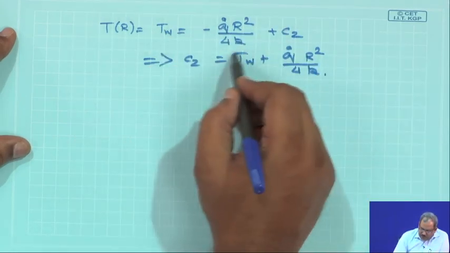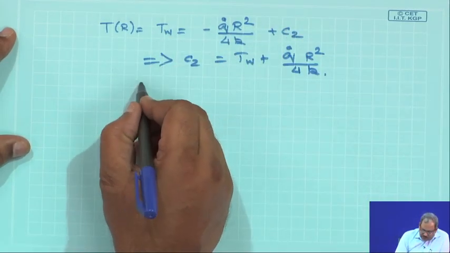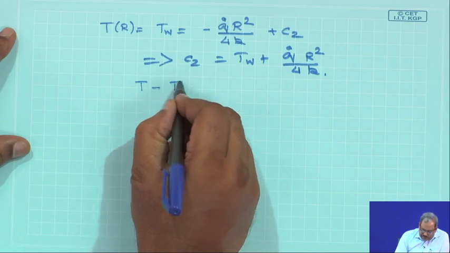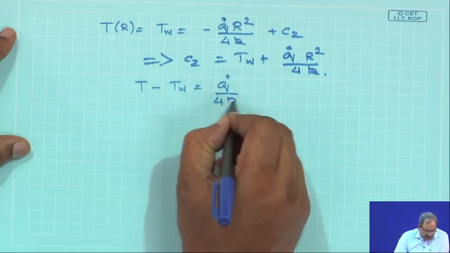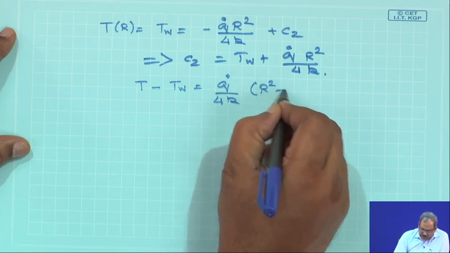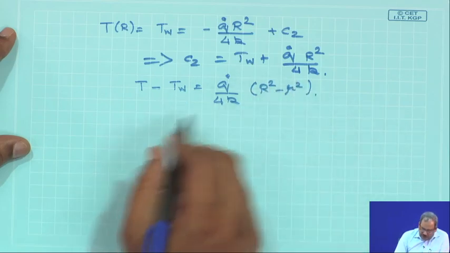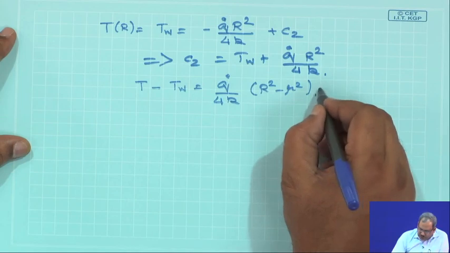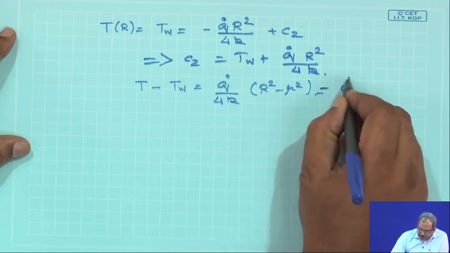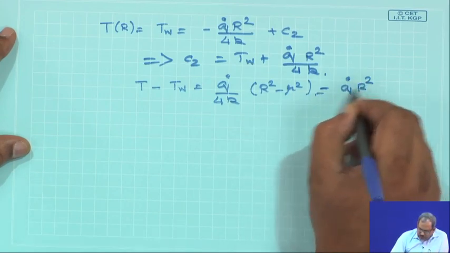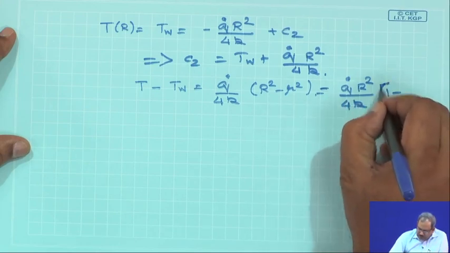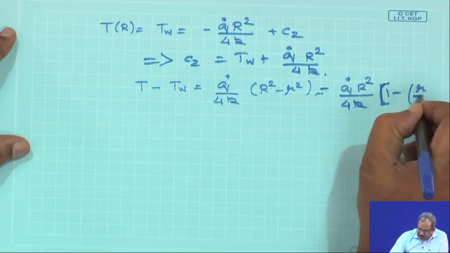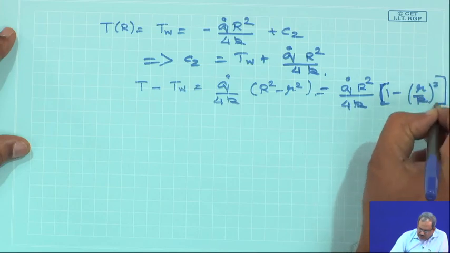When you put this back in this equation, what you get is T minus T w is Q dot by 4K times R square minus r square, or you can take R square out of this, which is Q dot R square by 4K times 1 minus r by R whole square.